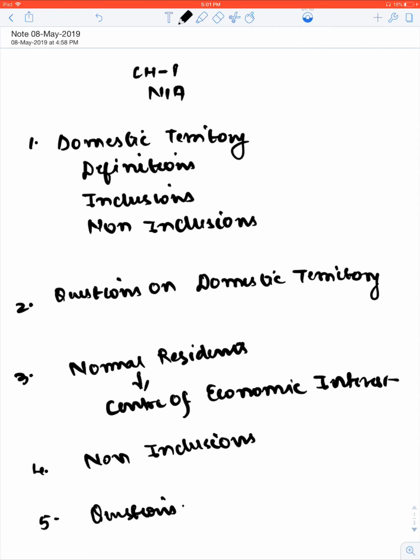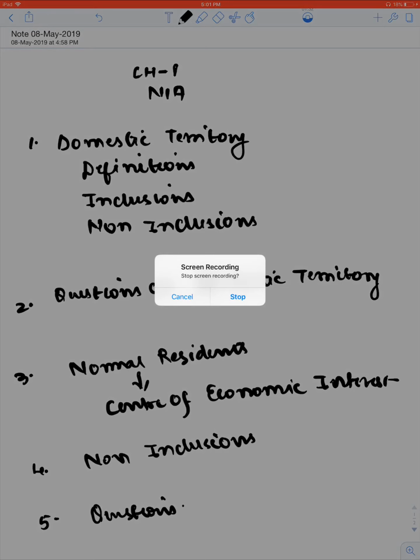It is not going to be a very difficult paper. And if you really follow me every day with the kind of tips I'm giving you, or the questions I'm doing with you, or the strategies I'm asking you to employ, believe me, nobody can stop you from scoring good marks in economics. Okay, the first concept that I'm going to tell you about is domestic territory.